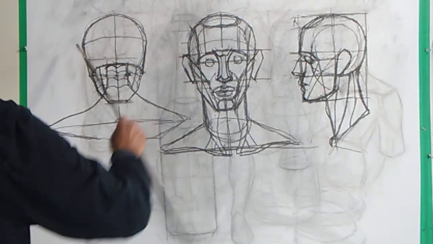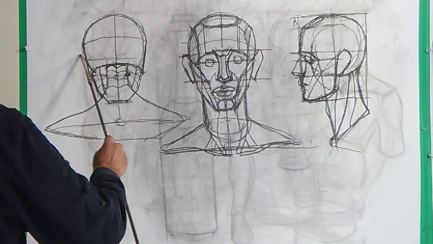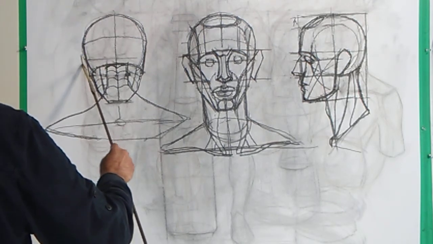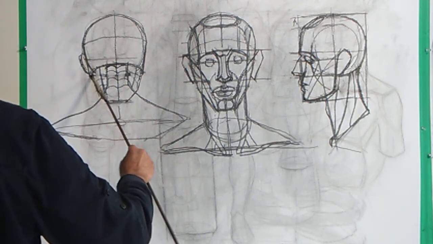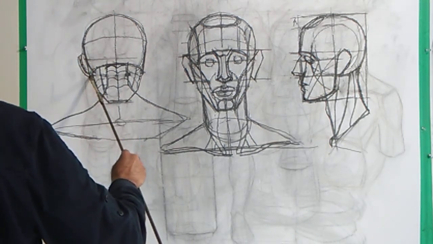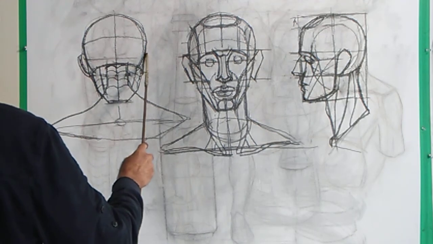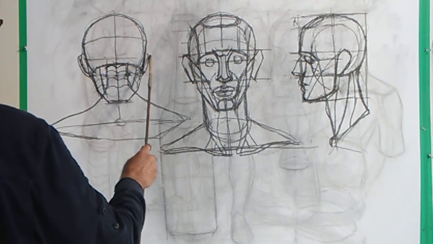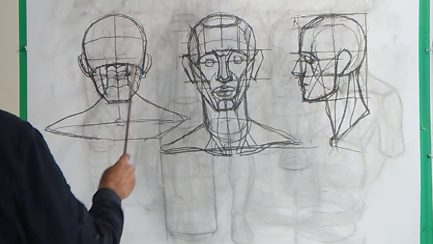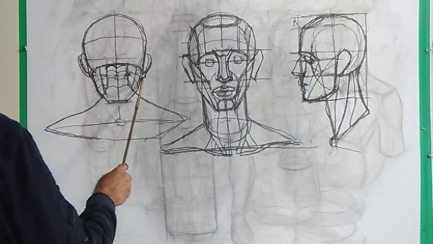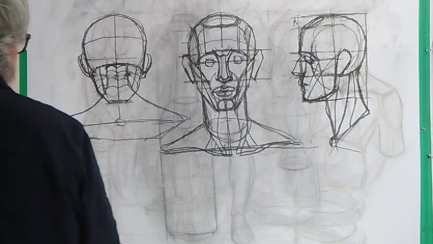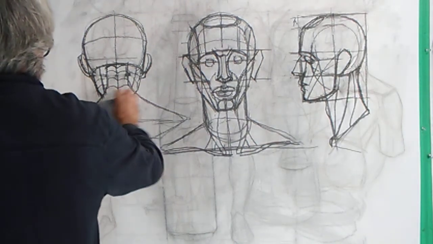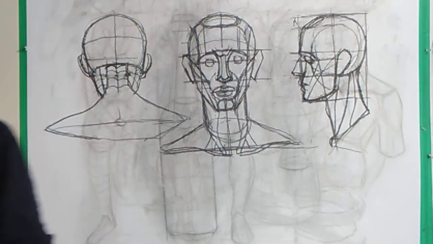Your ear would be roughly here, and what would happen here, it's going to be like a little disc like this from the back view. We'll make a little curve at the bottom like that. Get rid of this angle of the jaw coming through because it'll throw off our illusion.